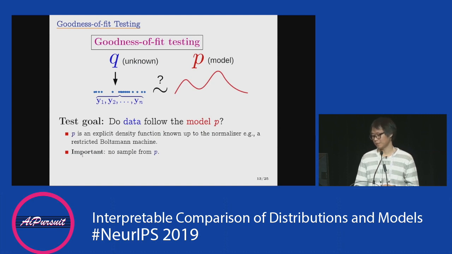And for example, P could be a restricted Boltzmann machine. And this setting is known in statistics as goodness of fit testing, because we are testing the goodness of fit of the model P on the data drawn from Q, and Q is unknown. And importantly, we don't have samples from P. So we have a set of samples and an explicit density function.